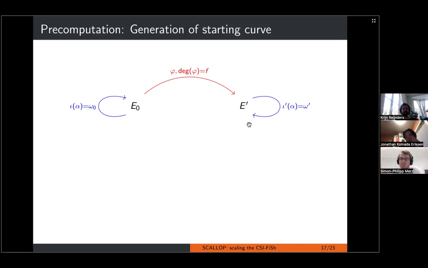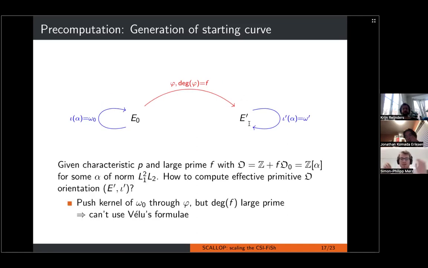So the maybe naive idea would be, oh, you're given a field, you're given the curves, you're given the order. You already have an O0 endomorphism on E0. You just push it through the phi isogeny of degree F, and then you get some endomorphism on some curve E prime.